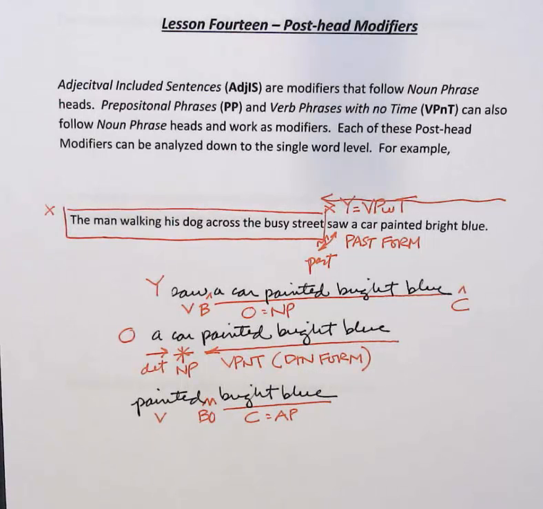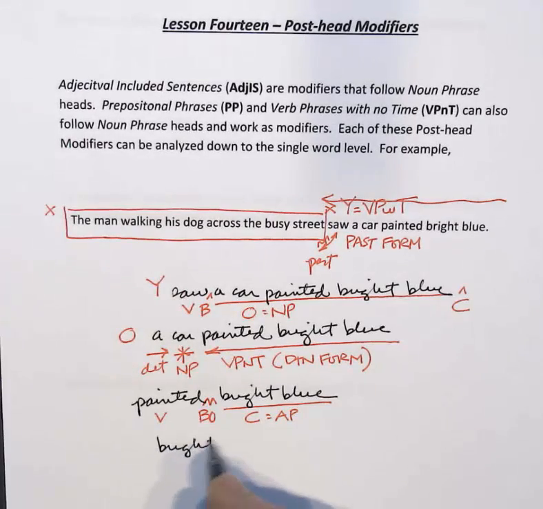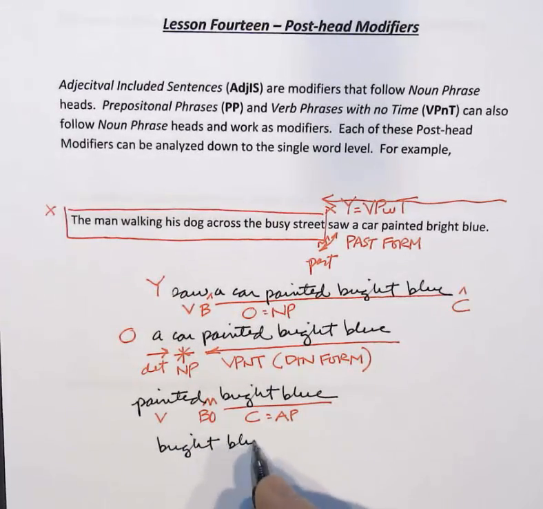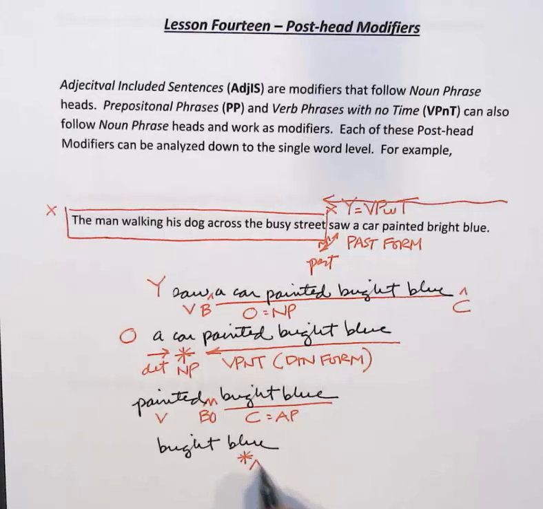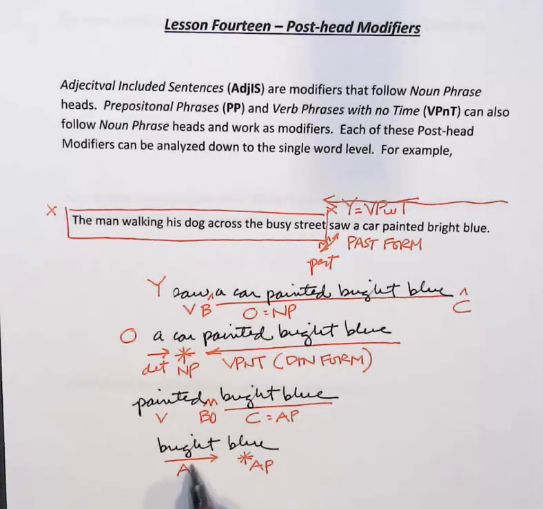Okay. Now, adjective phrases we've done before, so let's rewrite it. Bright blue. And blue is the head. It's an adjective phrase. And bright is also a modifier of blue.